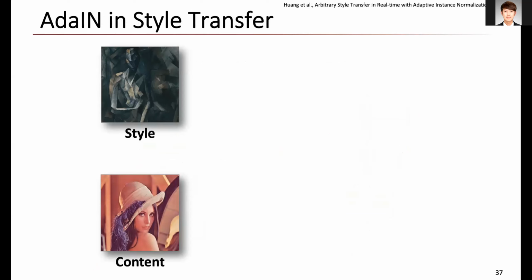At the time, there was another direction, using the style concept, a style code, to generate better generator networks, which is called StyleGAN, the 2019 paper.